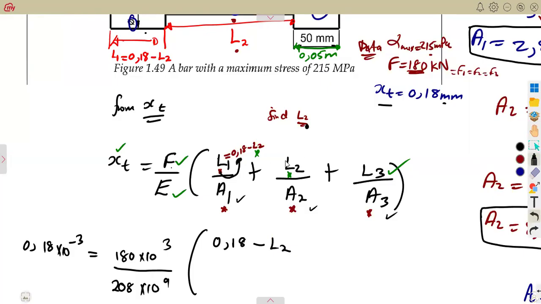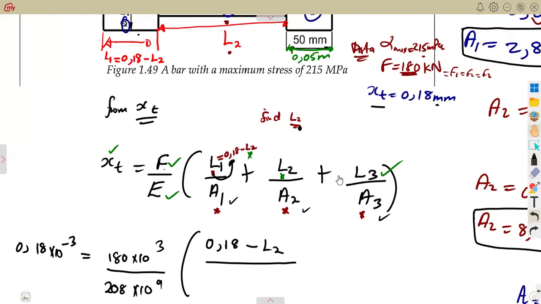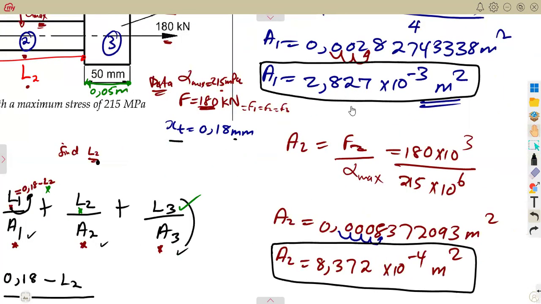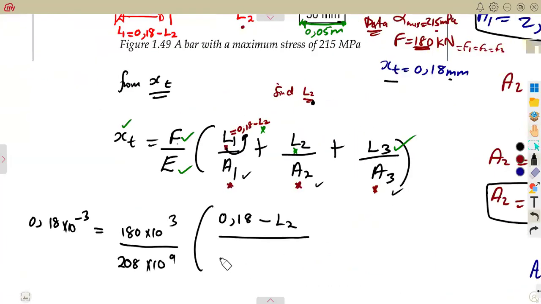So you must write in terms of what you are supposed to calculate over area 1. The first part is area. Remember, we calculated this 2,827 times 10 to the exponent of minus 3 plus L2. This is the one that we need to calculate.